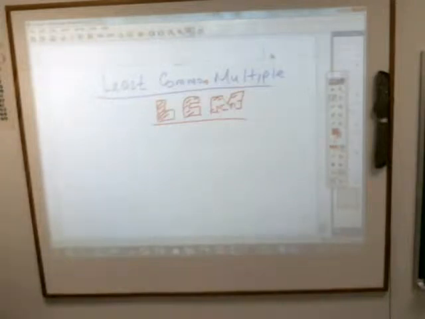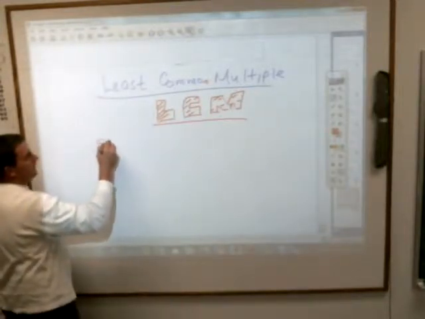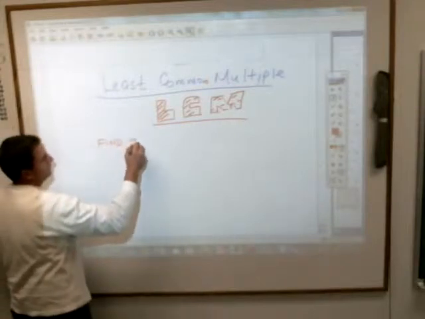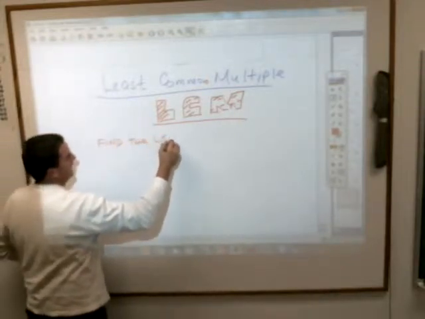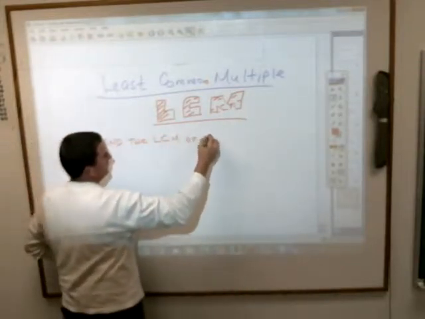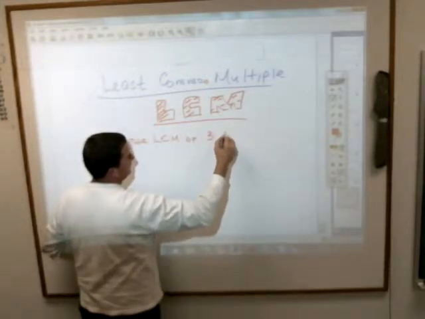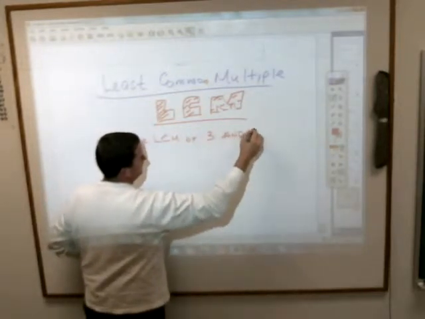I'm going to give you the example and then we'll talk about how to do it. For example, find the least common multiple. Find the LCM of 3 and 4.